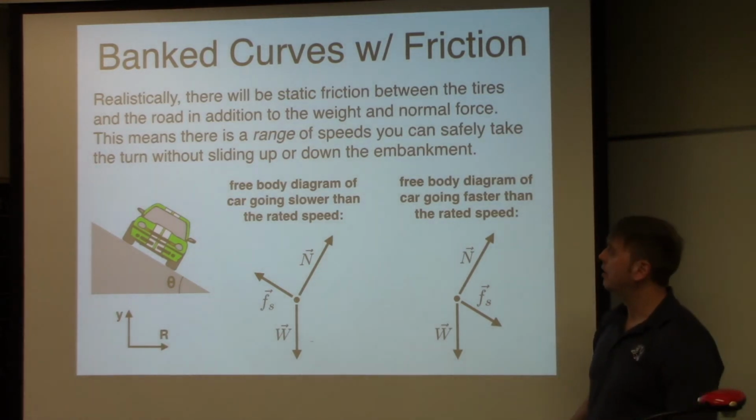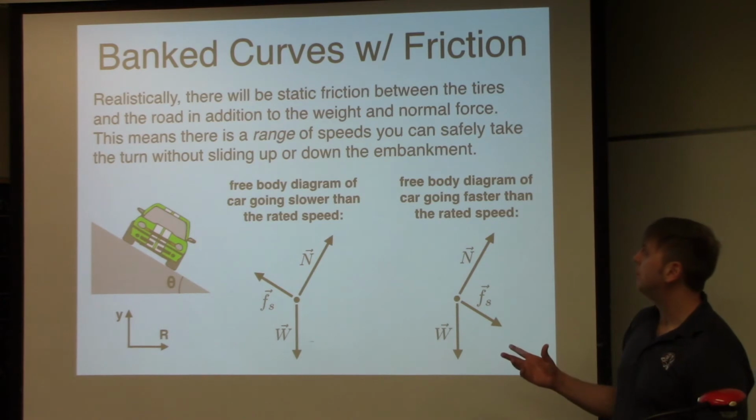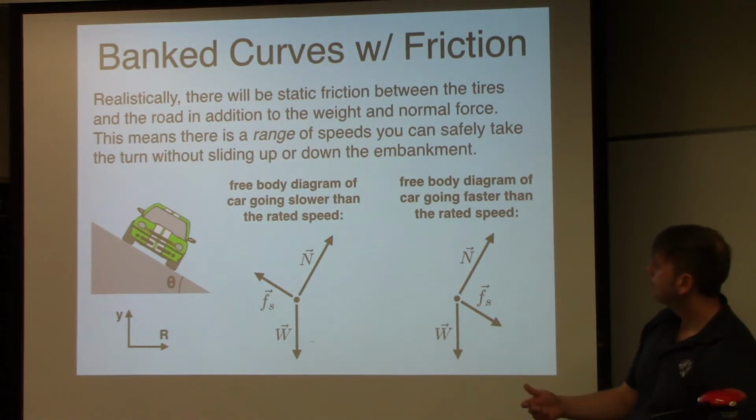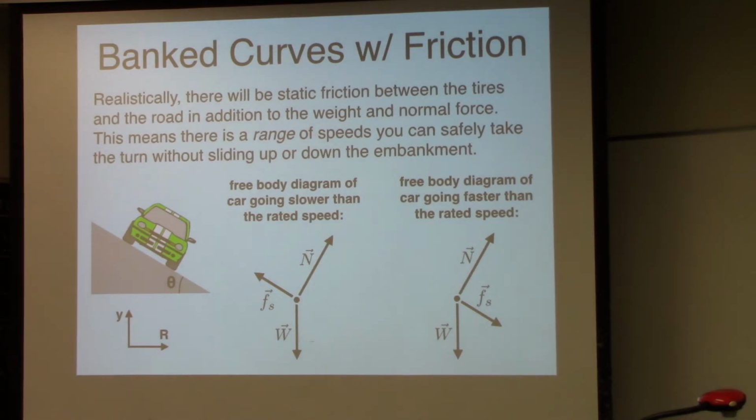In reality, there's a range of speeds you can take without the car sliding up or down the embankment. Okay? So right now, we're not going to go into too much detail about this. In my notes that I'm going to post to Canvas, I'm going to show the minimum and maximum speeds fully worked out. But for now, I just want to give you a rough conceptual picture as to what's happening.